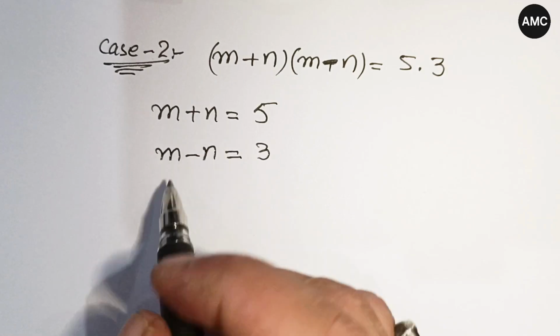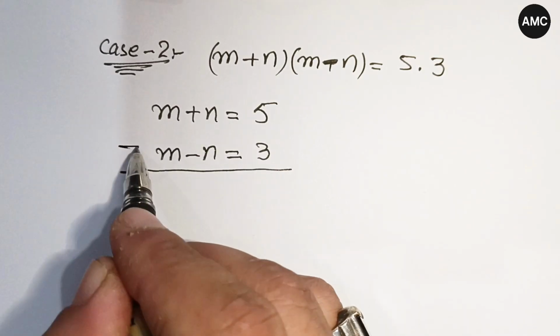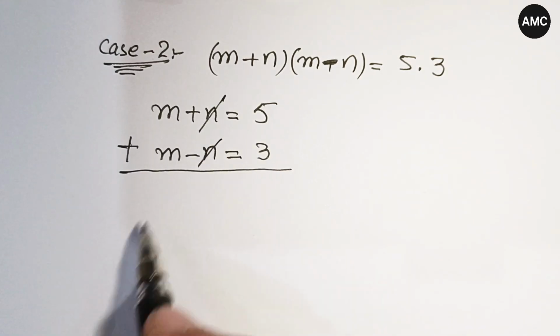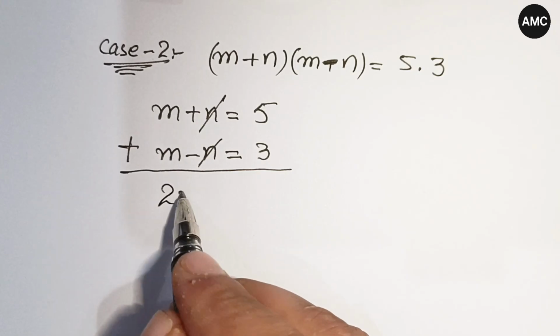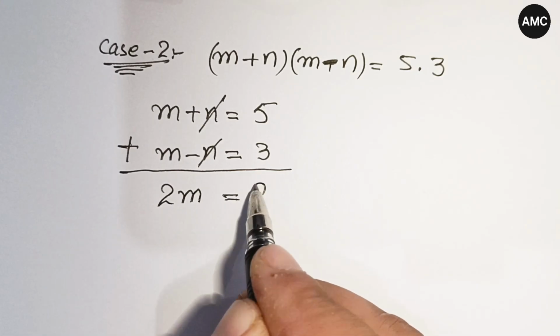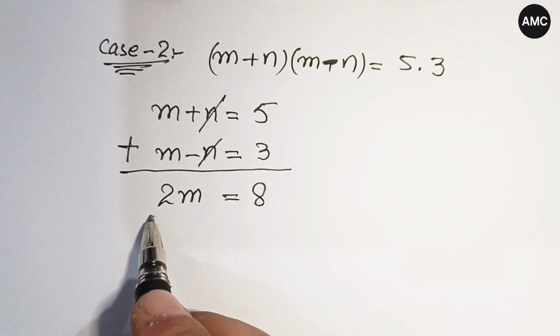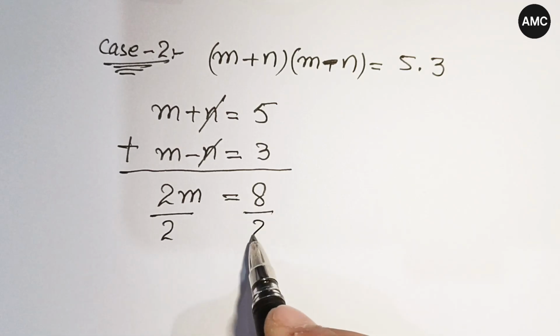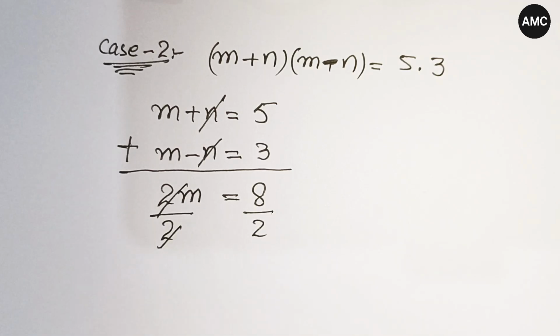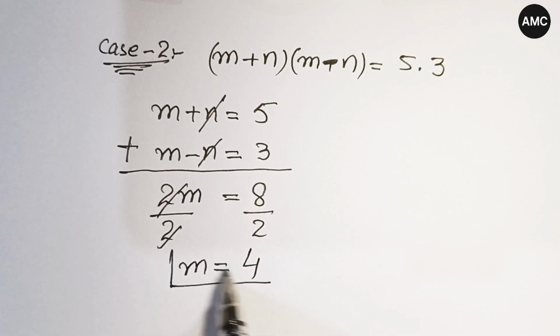Now if we just add these two equations, the positive and negative will be cancelled. We have 2 times m is equal to 8. Now dividing both sides by 2, we have m is equal to 4.